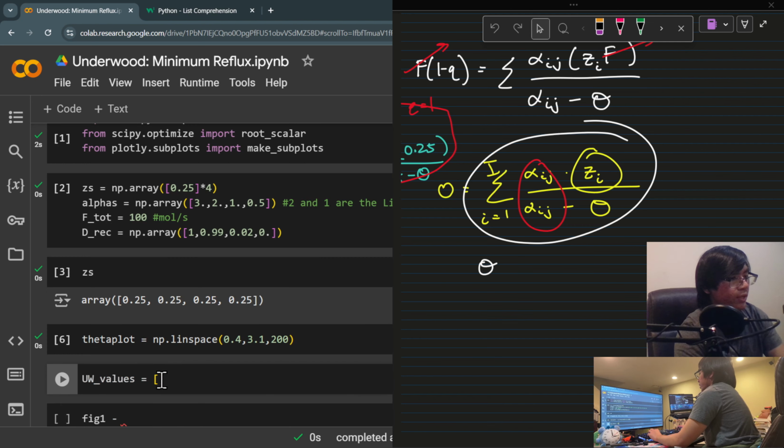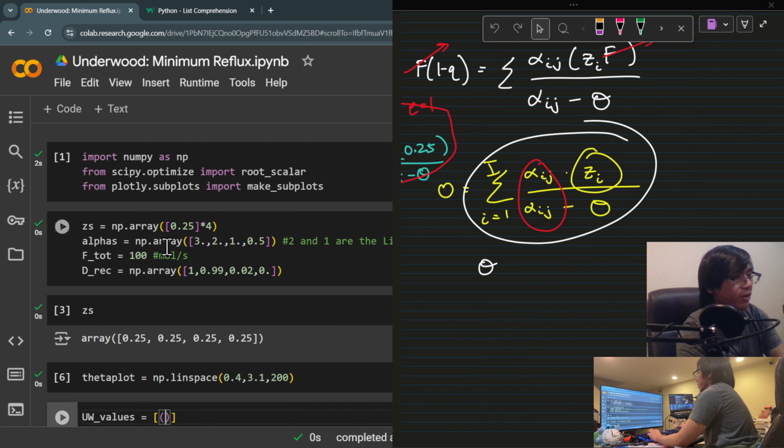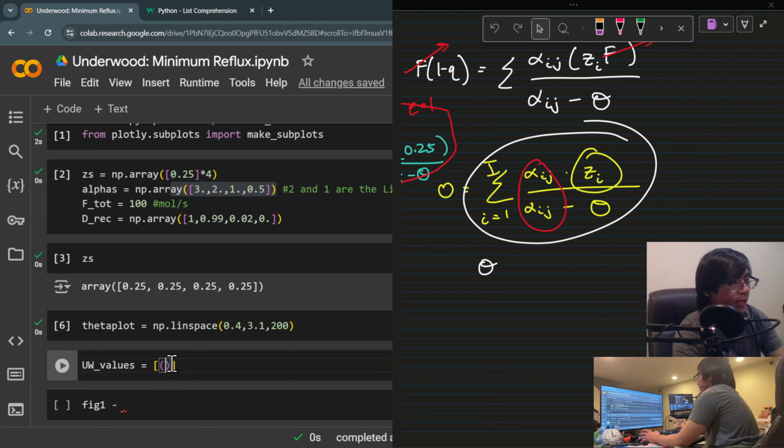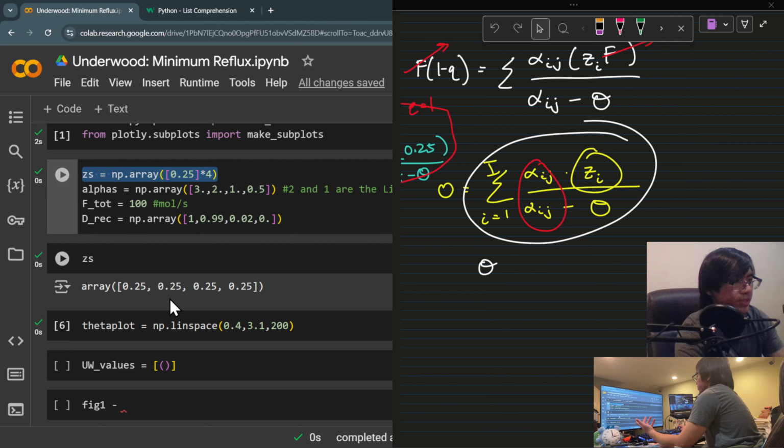So we have, what is that? Alphas. So remember, alphas are an array. So these, since it's a sum, I do need a, well, no, I don't, I'm not trying to get one value. I'm trying to plot all of them. So we have all of our alphas. So there's only 4, and then we have 4 components. So again, 4 for our z's, the feed molar fraction going in. And yeah, that's all we need.